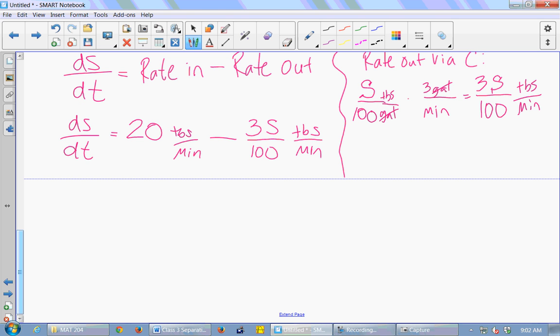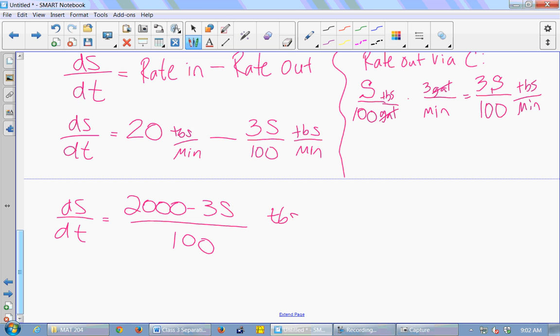If you were so inclined, you could combine these into a single fraction. It does not matter. This becomes (2000 minus 3S) over 100 tablespoons per minute.